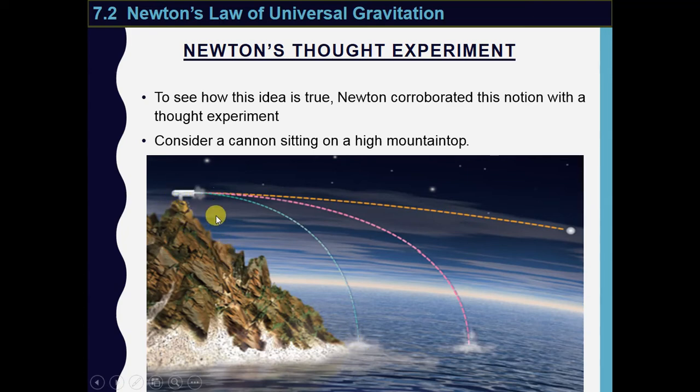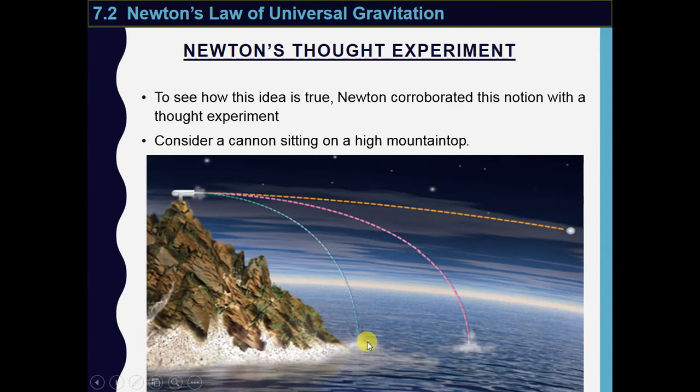He said if we increase the force by which the cannonball is fired, if another cannonball is fired with greater force, the purple one, it will go a little further before hitting the ground, or here the sea.